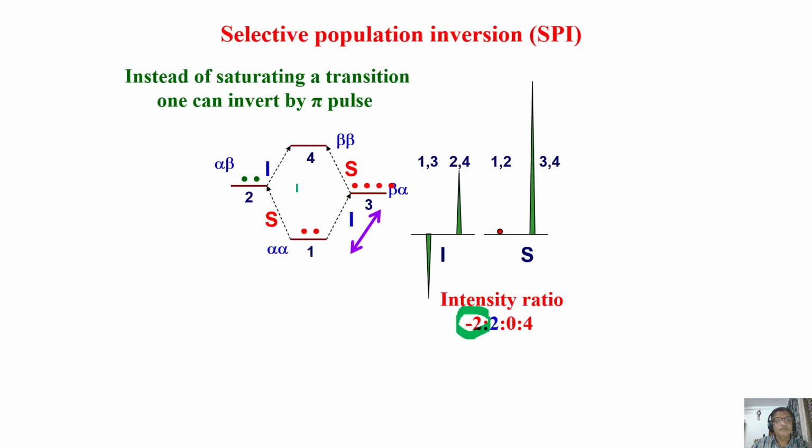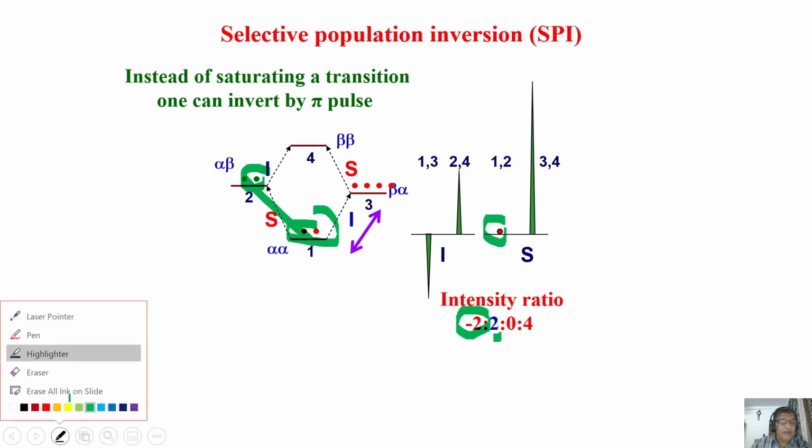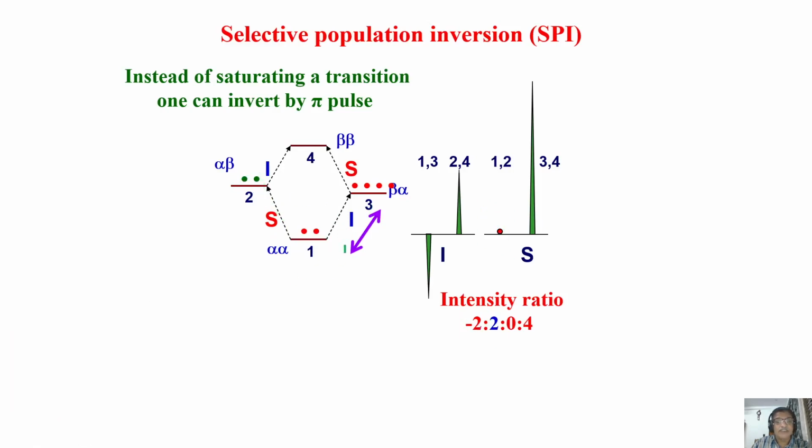Go to 2:4, it is the same 2, it is not changing. What about 1:2? The 1:2 population difference is 0. I am not disturbing this spin, remind you. I am only disturbing this transition. I am not doing anything for this S transition, but I made this signal 0 by doing selective population inversion.